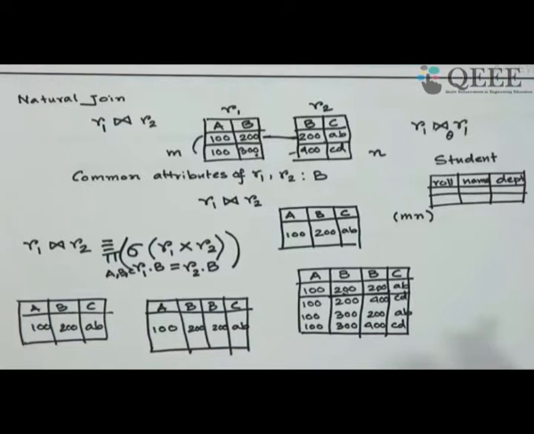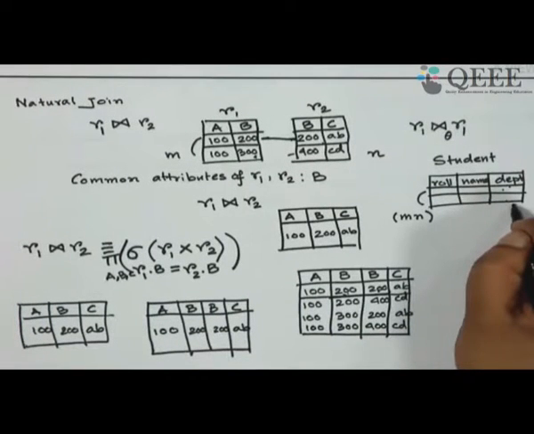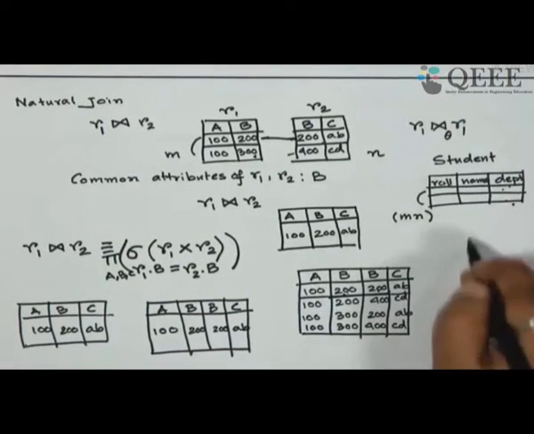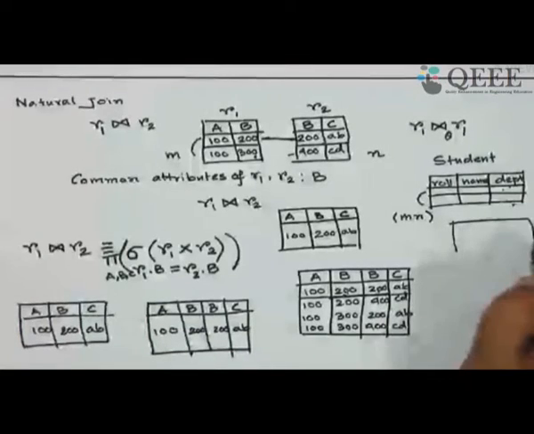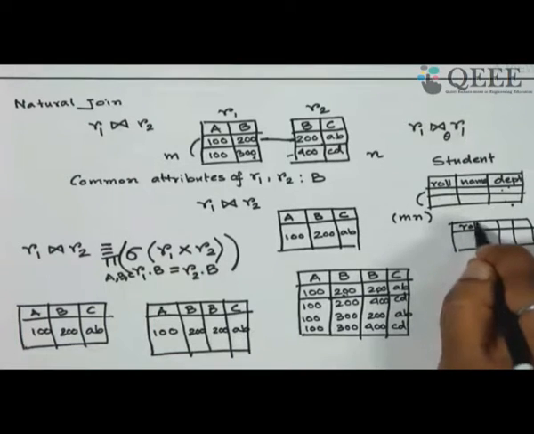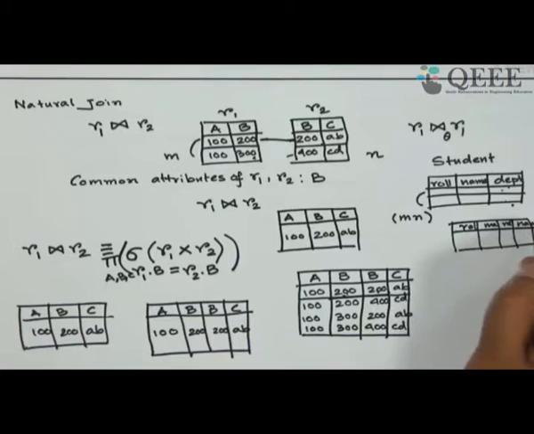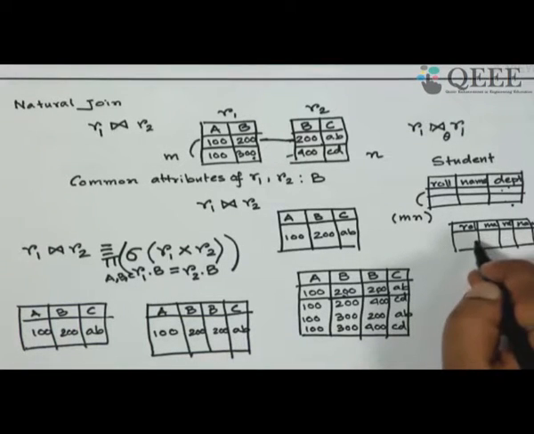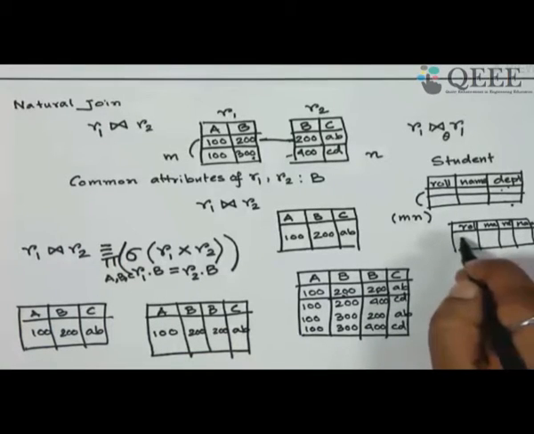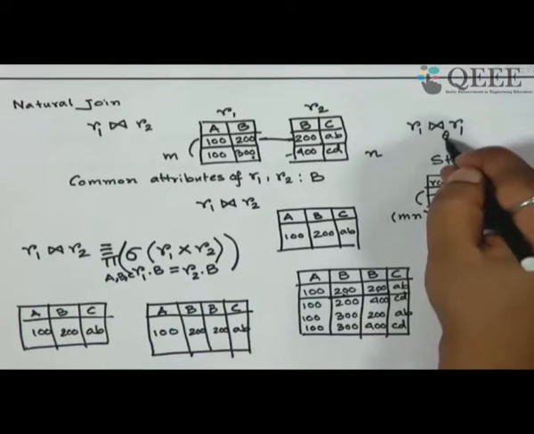So what I do is I check pairs of tuples which have the same value of department. In the self join, I can have 4 things: roll, name, roll, name again. I'm writing small. I don't think you can read, but you can hear me, I guess. So roll, name, and all the pairs which have the same value of department, if this theta is department equal to department.